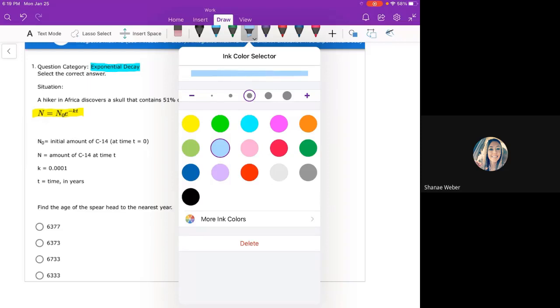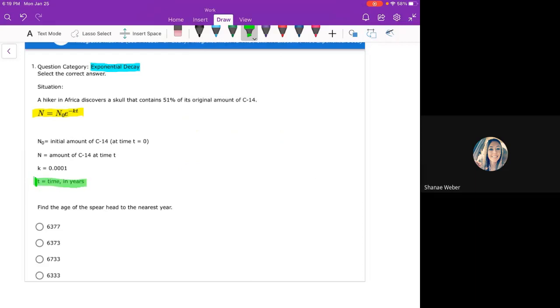Let's do some green highlighting. So we want to figure out what t is. We won't know what that is, so I'm going to put a little question mark next to that. Okay, let's go back to N sub 0. Initial amount of C14. So when we found the skull, it had 51% of its original amount of C14.